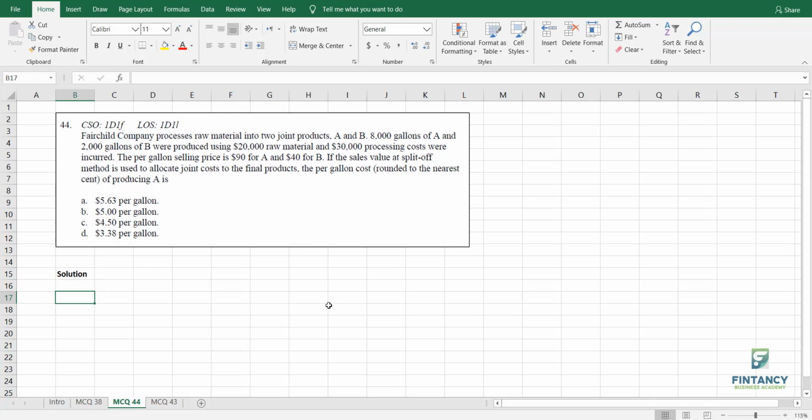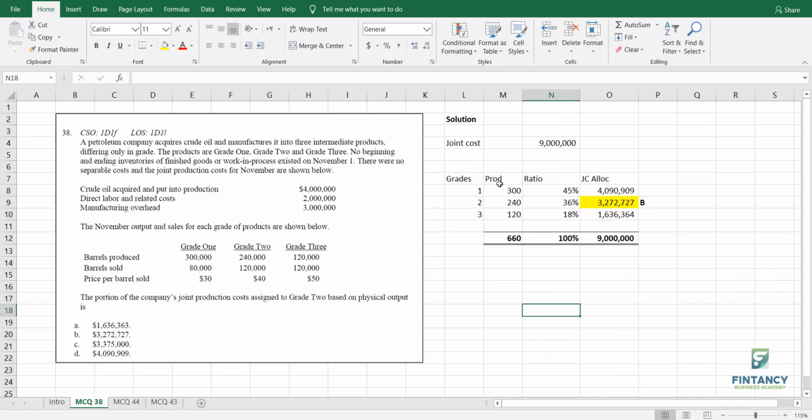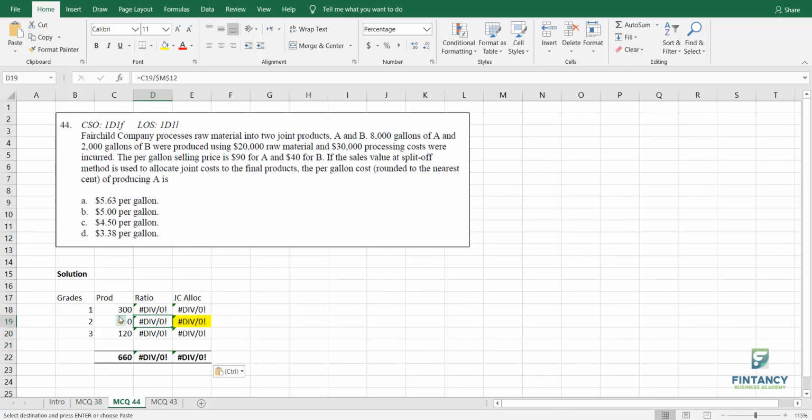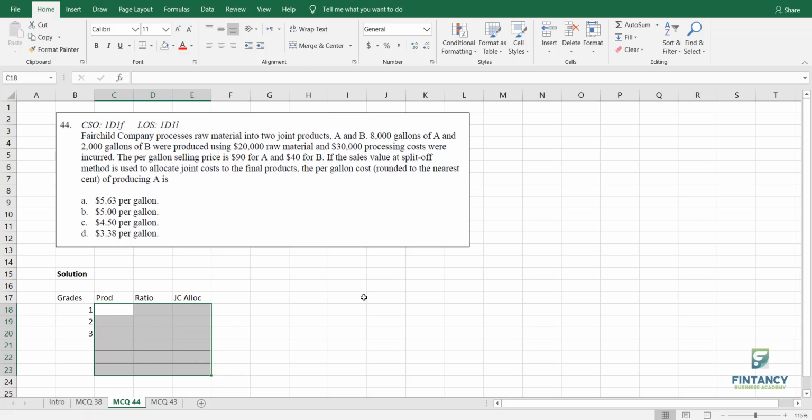The company processes raw material into two joint products, A and B. Okay, see this method you can use. Like this format. I am just copy pasting here, so I can use it here also. So in this question we have two products, right? Not grade.